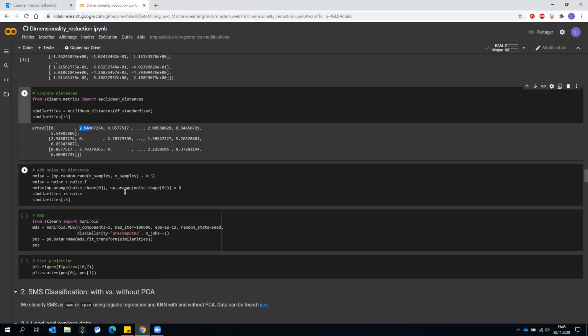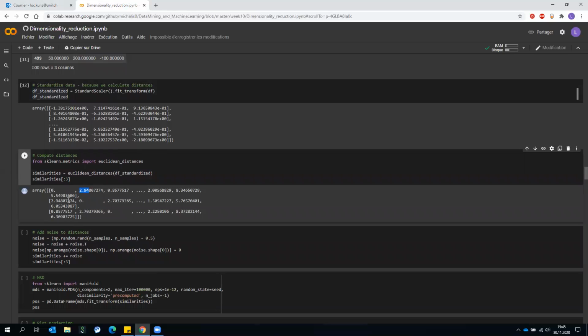So you obtain a table with the distances. Of course, the distance of the first point to itself is always 0, and then you have first to second, which is the same as second to first, and so on.